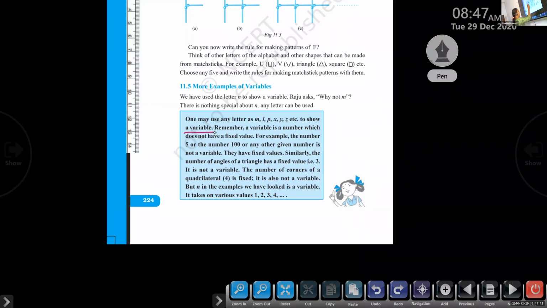Remember, a variable is a number which does not have a fixed value. That is a very important definition.